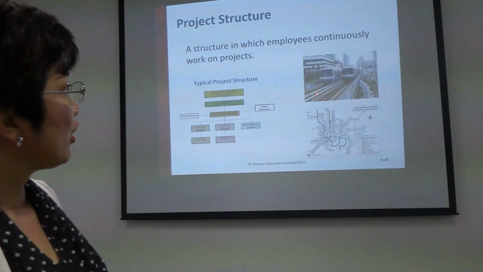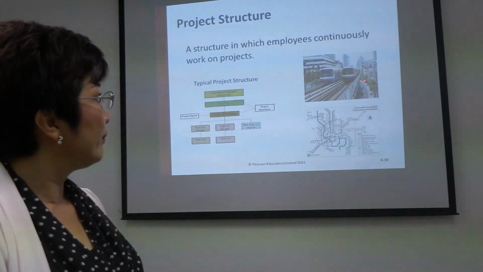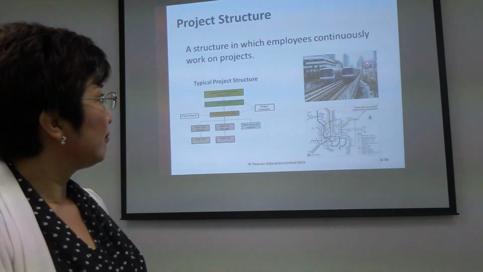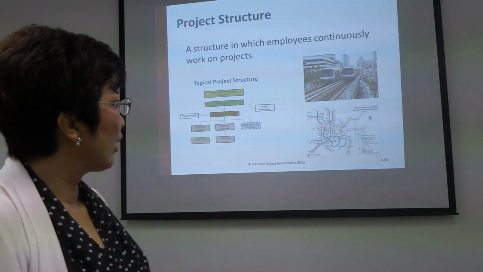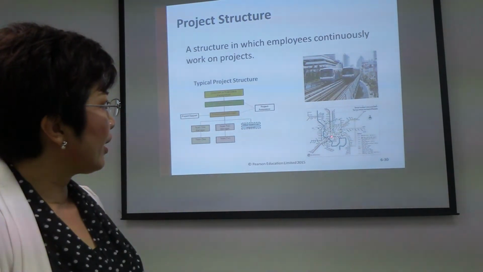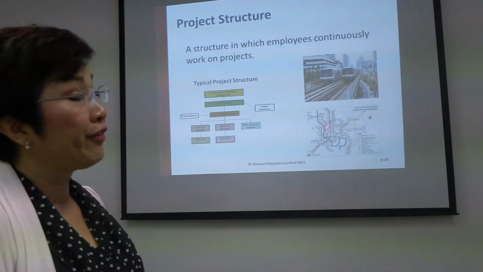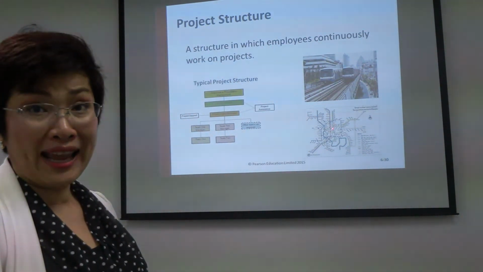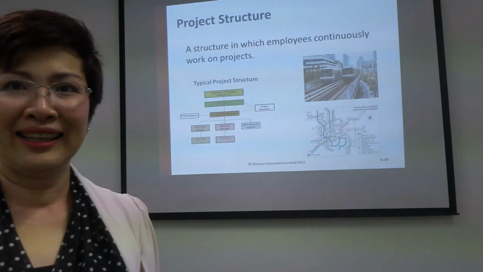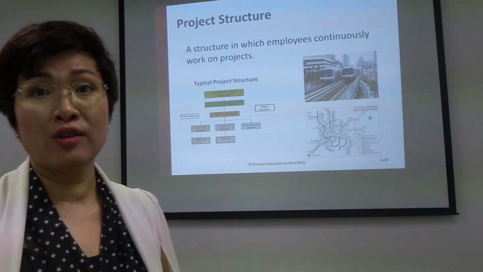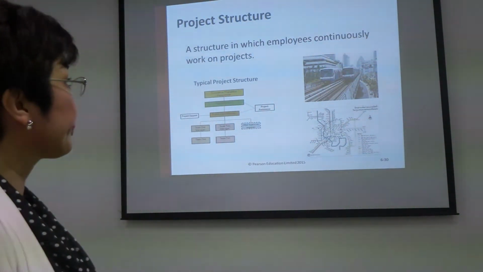For example, in the project of creating the train in Bangkok, when they finish the blue line train, they move to the red line train, and when they finish the red line train, they move to the yellow one. After they finish a project, they move to the new project. This is a project structure.